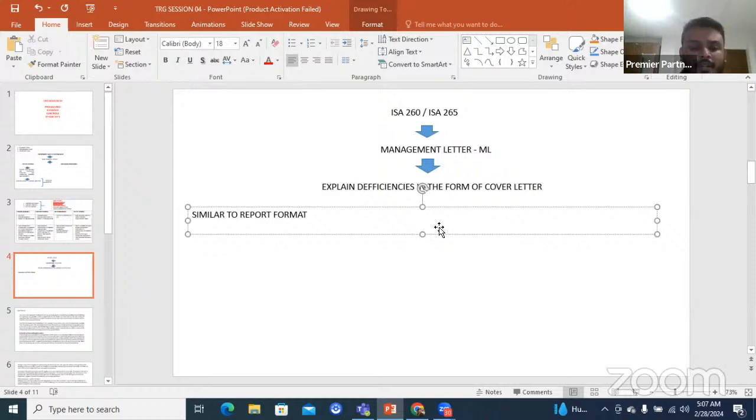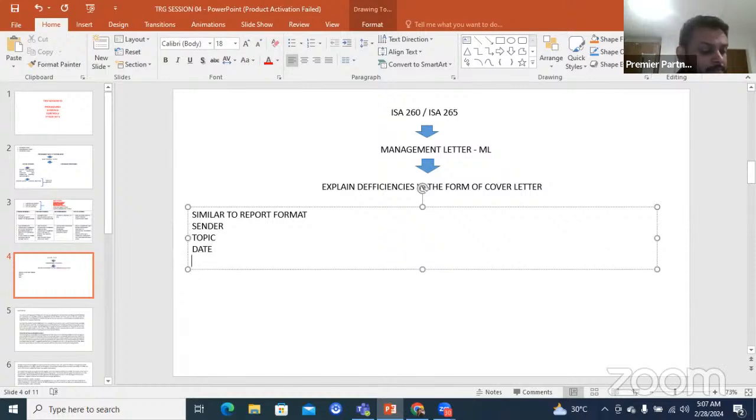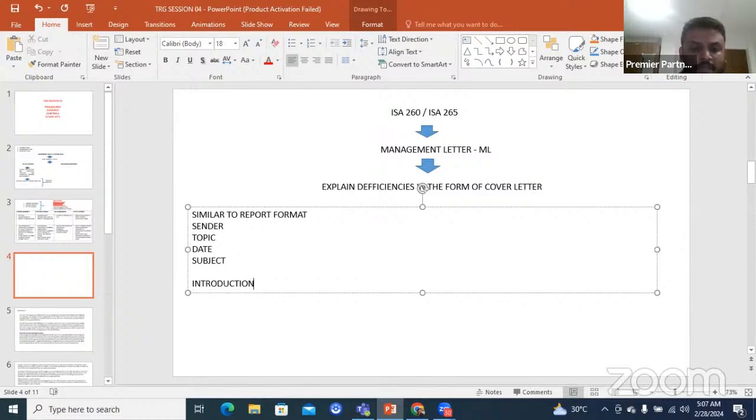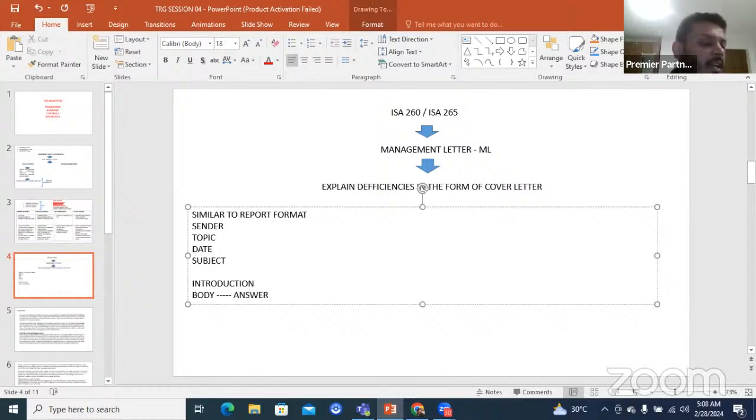So if you take the sender, topic, date, then subject. Then you should include an introduction. You should include the body. The body of the report is the answer.